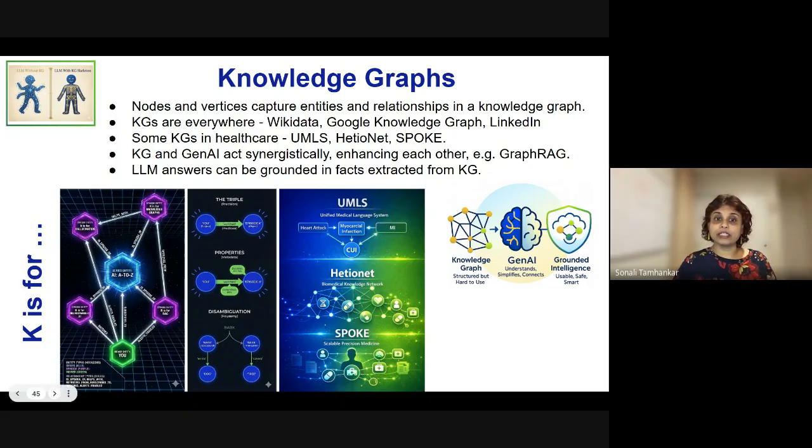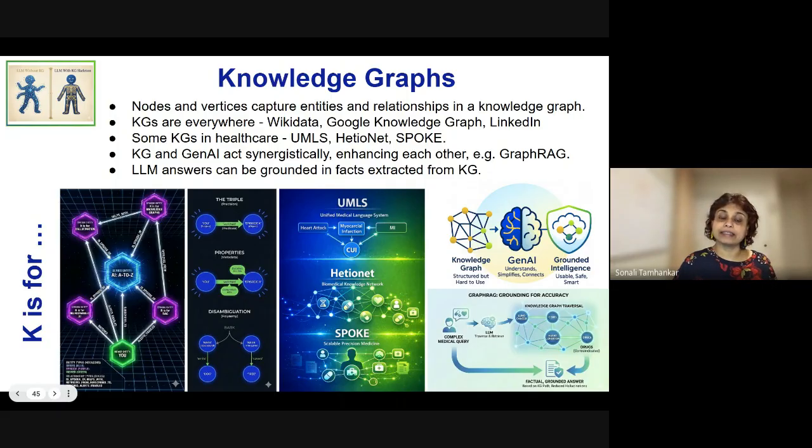So, knowledge graphs can help ground the LLMs and help reduce hallucinations through a technique called GraphRAG. Say we ask a complex question to an LLM: which medicines could help a patient with lung cancer and a heart condition, and how might these medicines interact?